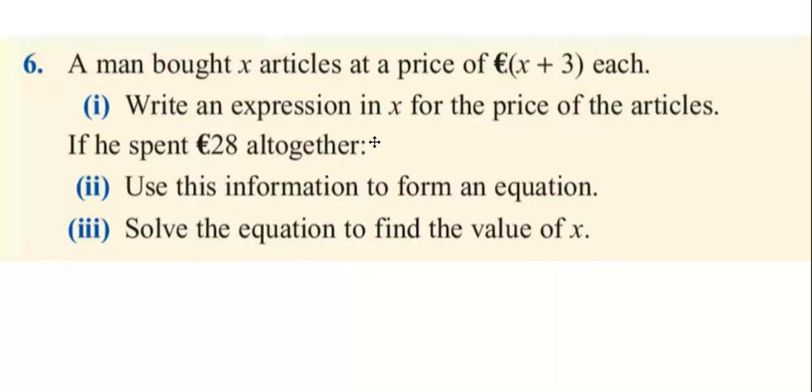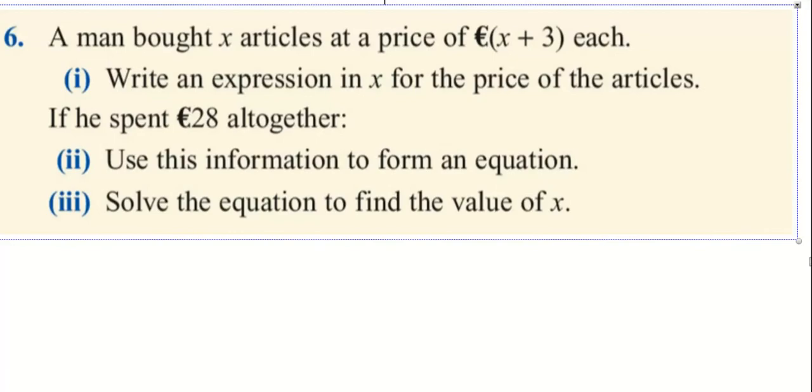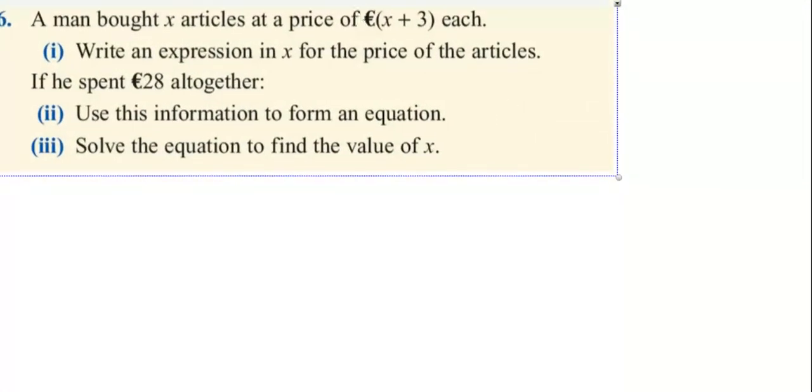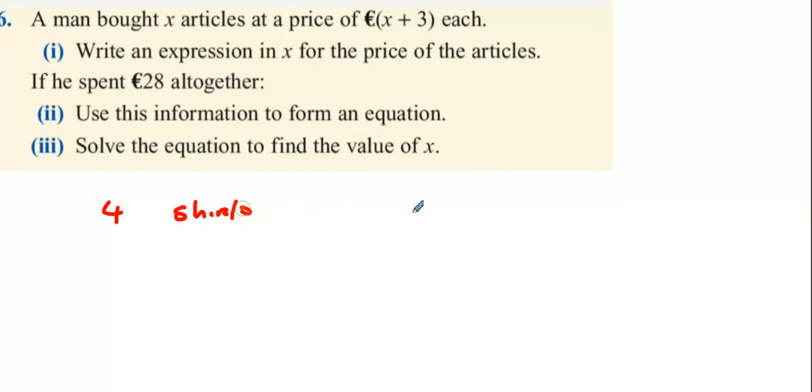6. A man bought x articles at a price of x plus 3. So imagine, for example, I bought 4 shirts, and each shirt cost €10. The total I paid is the number of items multiplied by the cost per item.